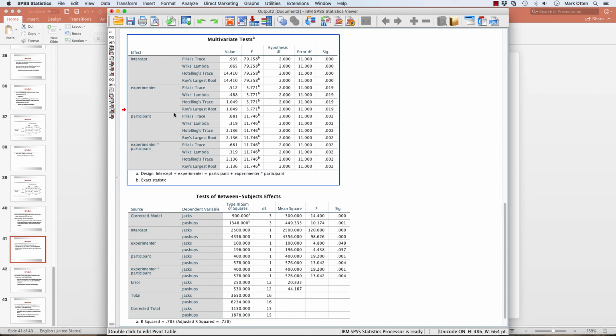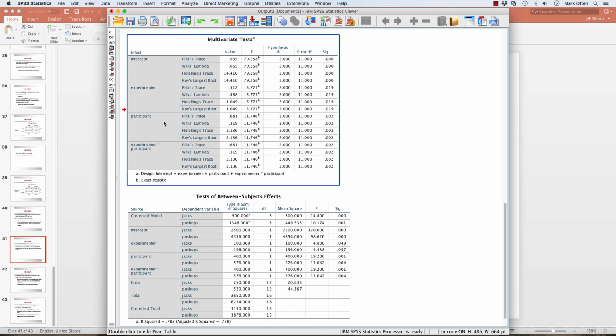We're going to have two Wilks' lambdas here. The first one for experimenter gender, 4.488, the F value 5.77, p-value 0.019. So it looks like there is indeed a main effect for experimenter gender, since that value is less than 0.05.